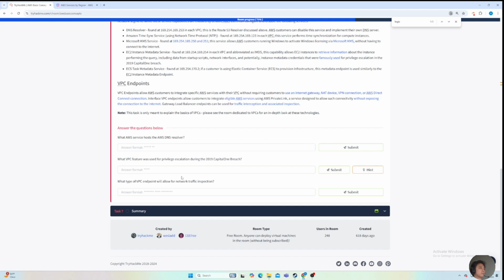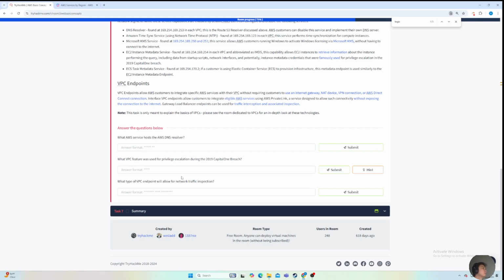Gateway load balancer endpoints can be used for traffic interception and associated inspection. Okay, so this task is only explaining the basics of VPC. Please see the room dedicated to VPC for an in-depth look at these technologies.